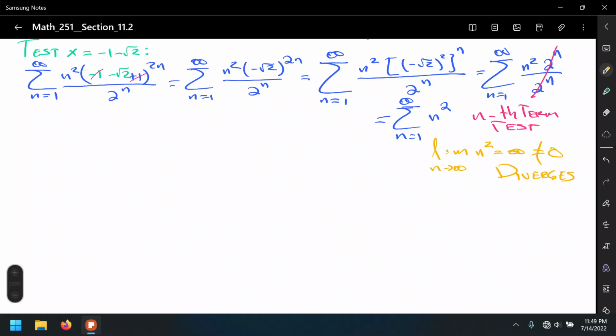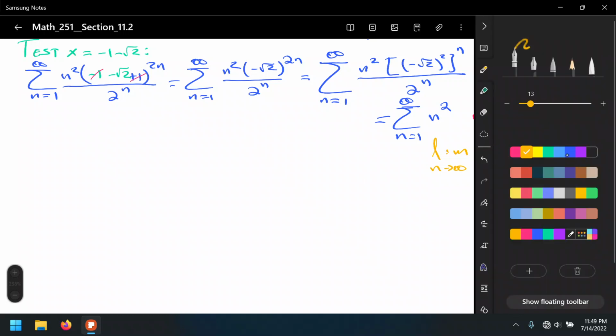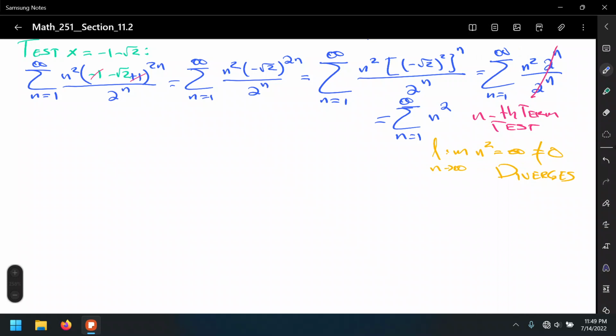Another way to see it, I mean, it may not be the preferred way, but if you want to explore other ways, feel free to do so, as long as the convergence or divergence criteria are still making sense.